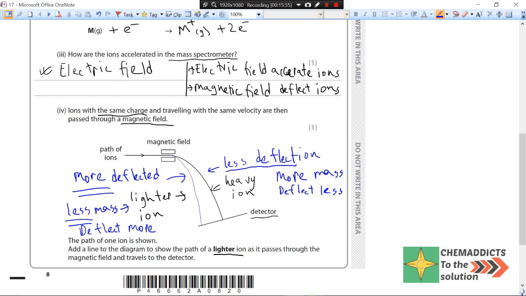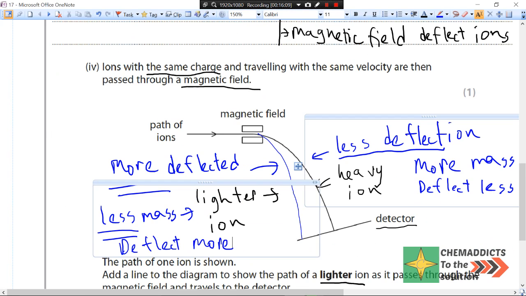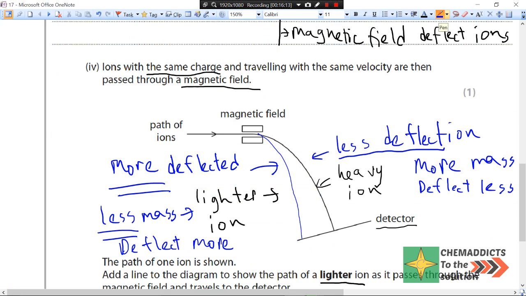This line over here that we have drawn, mine is not perfectly drawn. Let me zoom this up over here. Let me draw this over here once again.